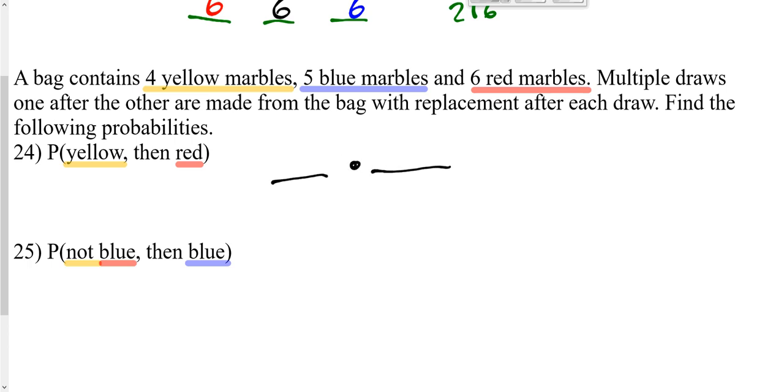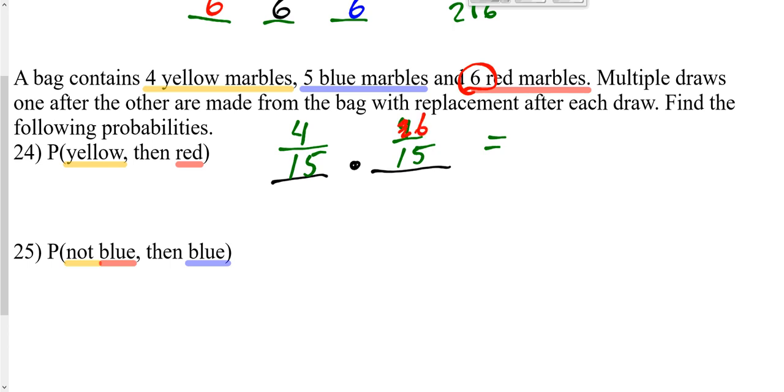Well, we have 4 yellow marbles to choose from out of a total of 15 marbles when you add the 4, the 5, and the 6 together. Now, we're recording that color, we're putting it back in. So there's still 4 marbles to choose from, and there's still 15 marbles to choose from. And then we can go, oh, sorry, we're looking for our red one here. And red, there's this.